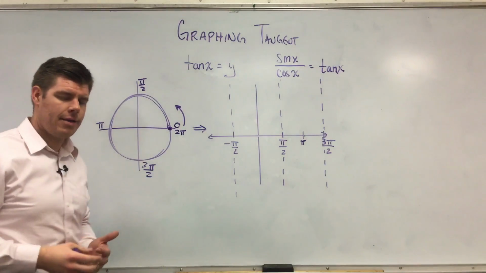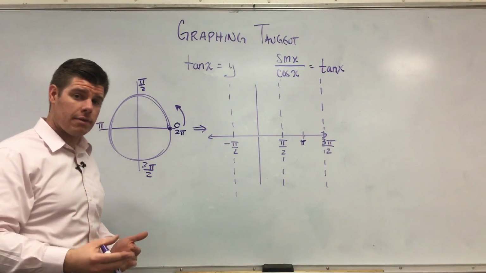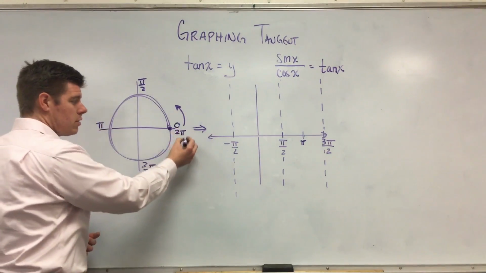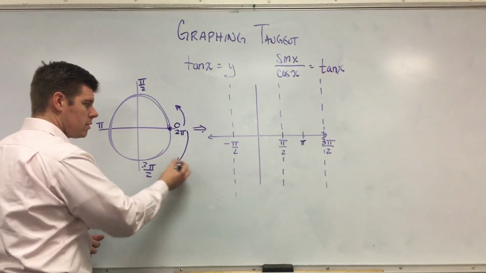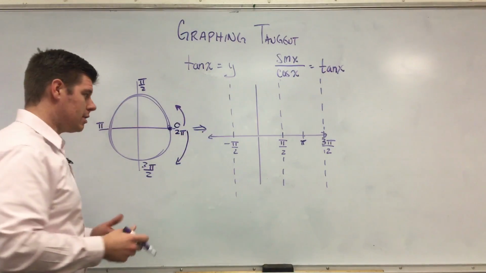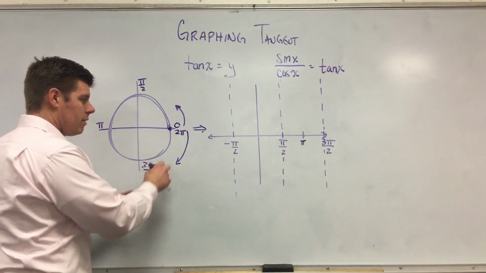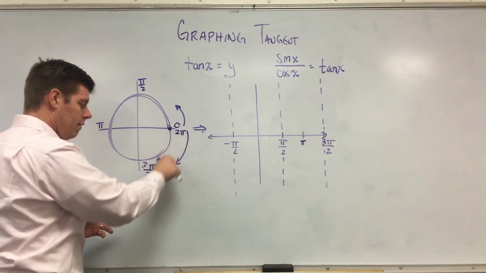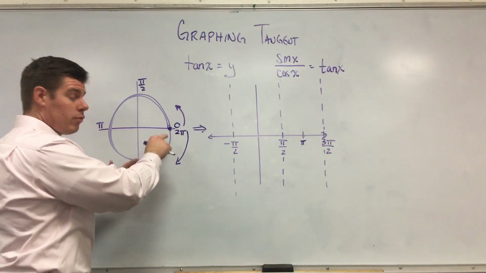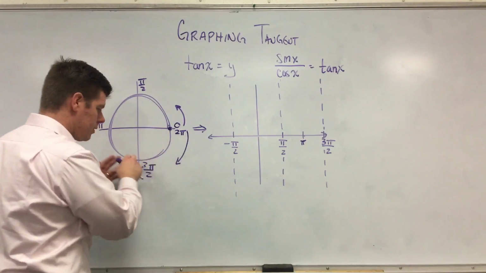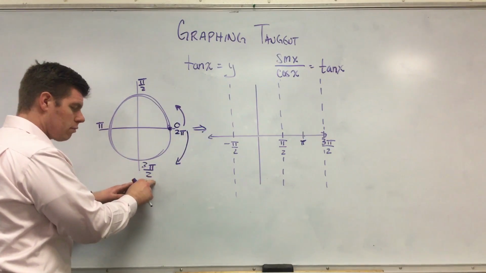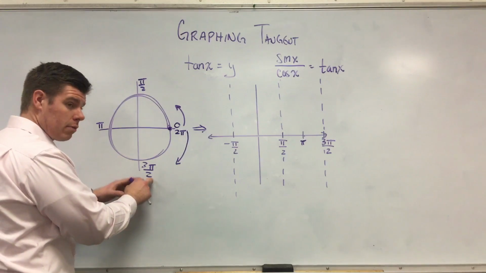Well, I can travel clockwise if I want to, which means I could start at 0 and go in reverse. If I go in reverse, what we need to know is that this is no longer 3 pi over 2, because we're talking about the length from our starting point of how far on the circumference of the circle we've traveled. So 3 pi over 2 is no longer 3 pi over 2.